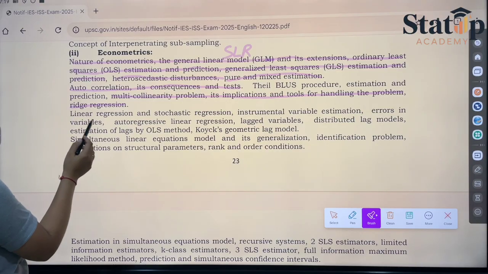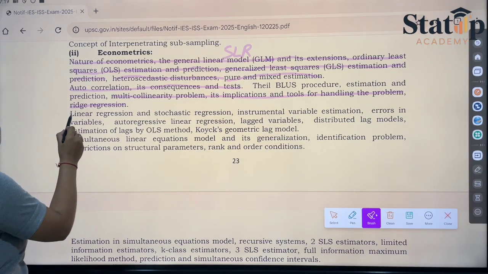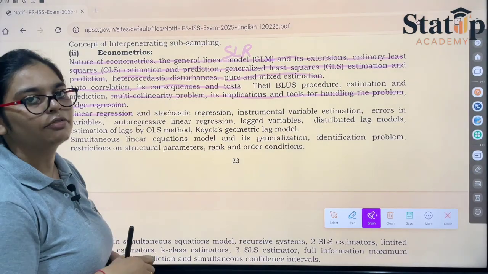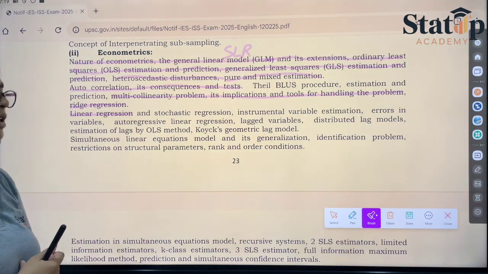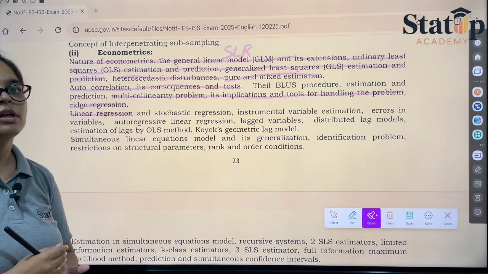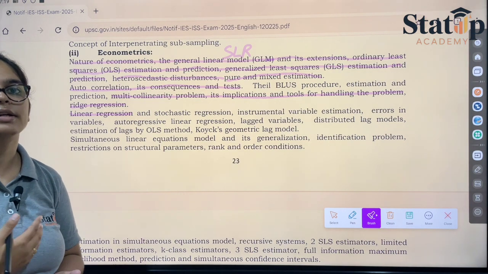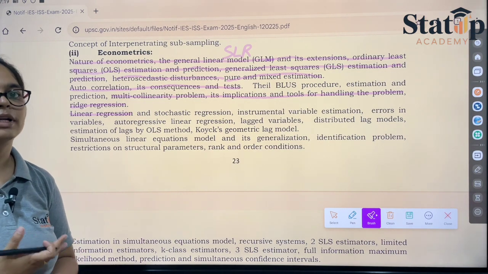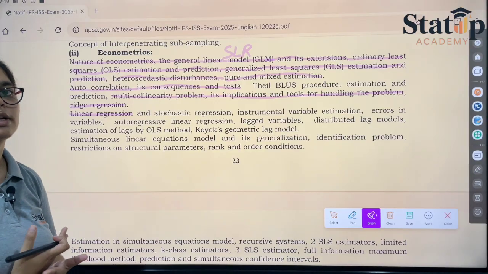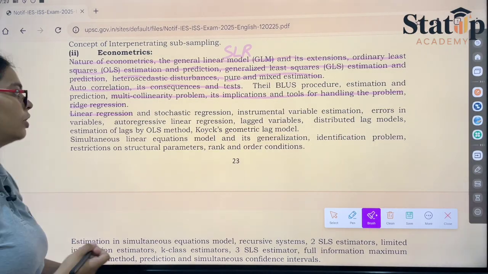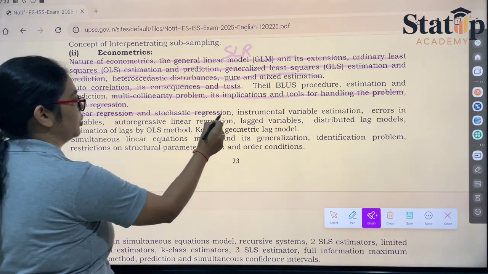Then linear regression and stochastic regression. The linear regression we have completed. Stochastic regression, as I have told you in almost every class, when a model is deterministic, then it is a mathematical model, and when a model is stochastic, then it is a statistical model. So till now, whatever models we have done are all stochastic regression models.